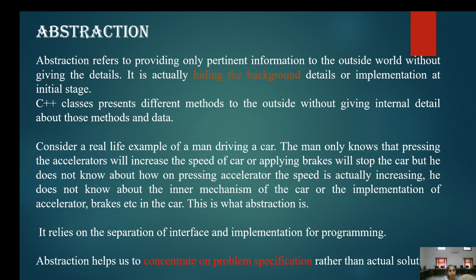C++ classes present different methods to the outside without giving internal detail about those methods and data. Actually here we tell the world what a class can perform rather than how it performs that particular operation. We don't discuss the actual solution or the actual process of solving a problem. We just discuss the problem.